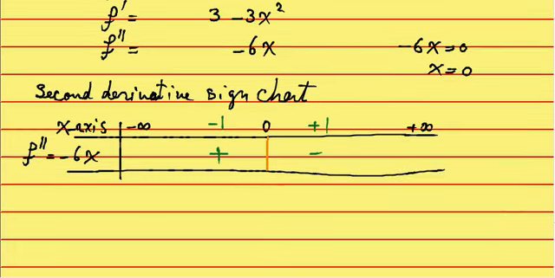What is our verdict? Our verdict here is that the function f itself, since it has a positive second derivative here, it's going to be called concave up. Since it has a negative second derivative, it's going to be considered concave down.